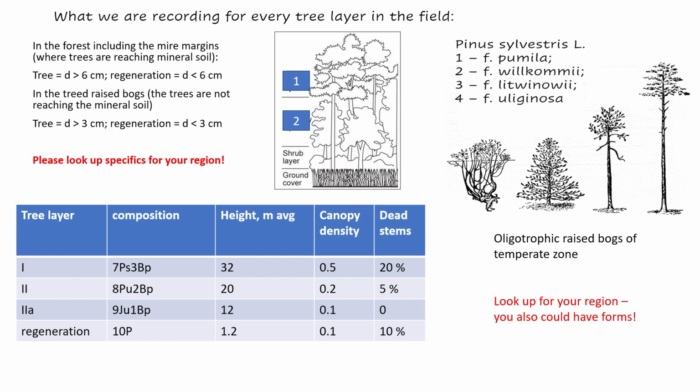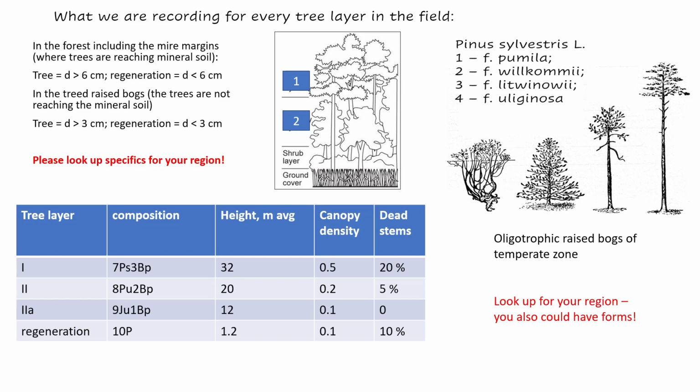Okay, so coming back to the layers. In the picture you see that we have layer 1 of the tree layer and layer 2. And sometimes we have a sublayer to layer 2. And first what we have to put is the composition.